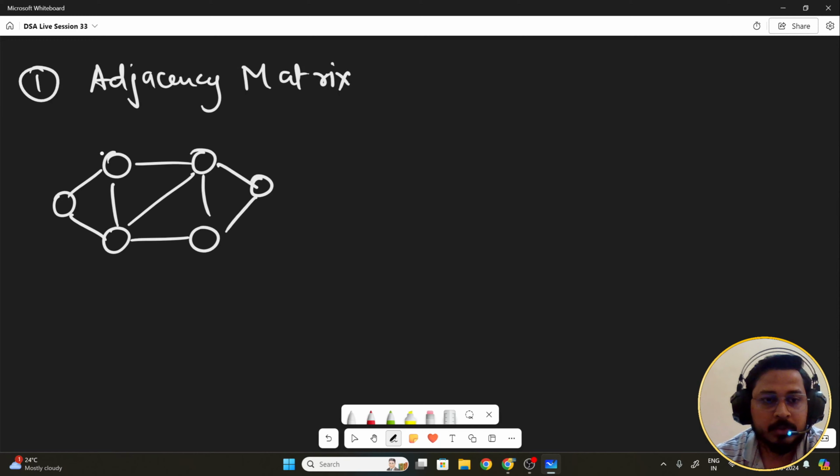Let's take this as 1, this is 2, this is 3, this is 4, this is 5, this is 6. So I've just put some numbers on the graph nodes right now. For an adjacency matrix, you create a matrix of n by n. How many nodes are there? 6 nodes are there.